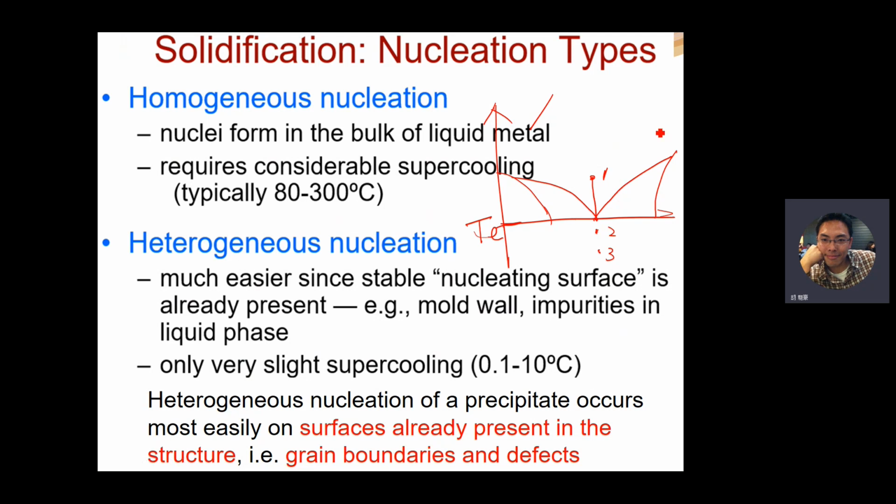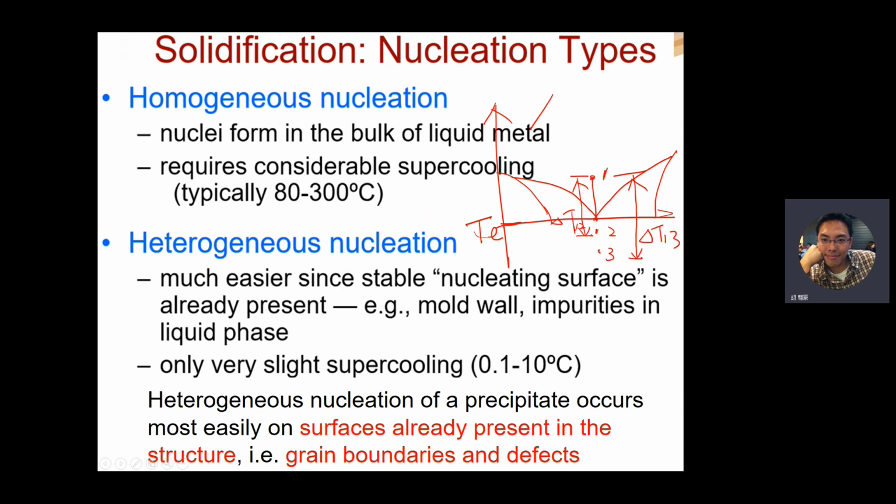Therefore, we define delta T from 1 to 2, right here, delta T 1-2, and delta T from 1 to 3, delta T 1-3.